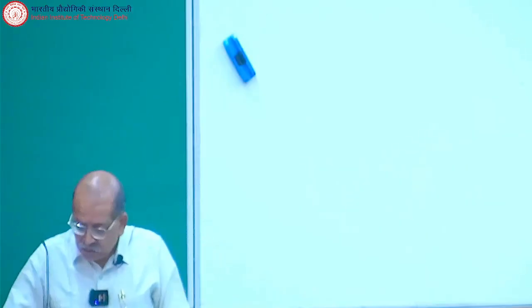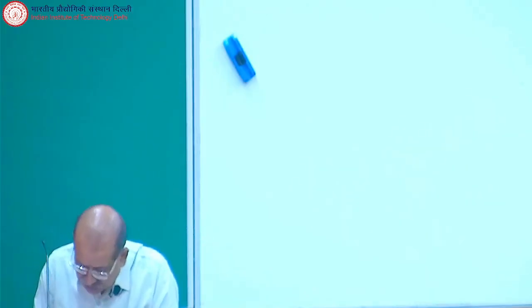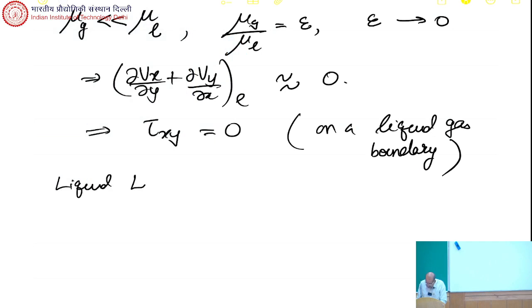Now, therefore what we have is, I'll just take another minute. What I wanted to tell you was that the velocities are also equal and the shear stresses are equal.